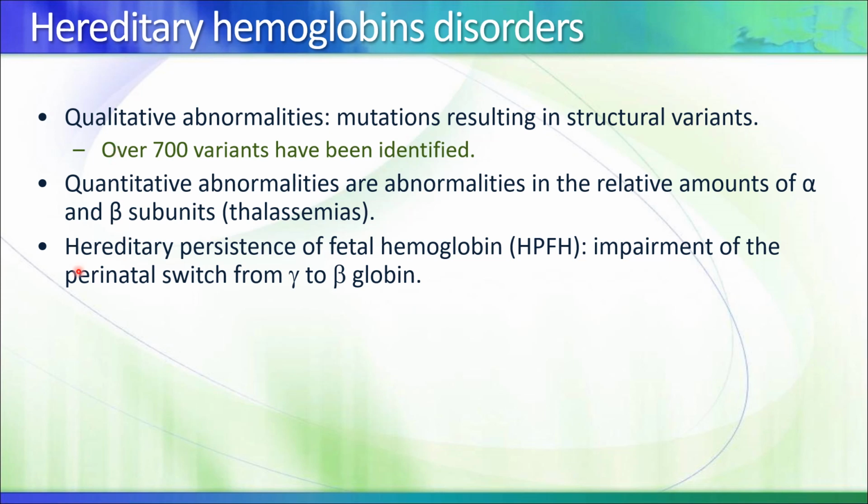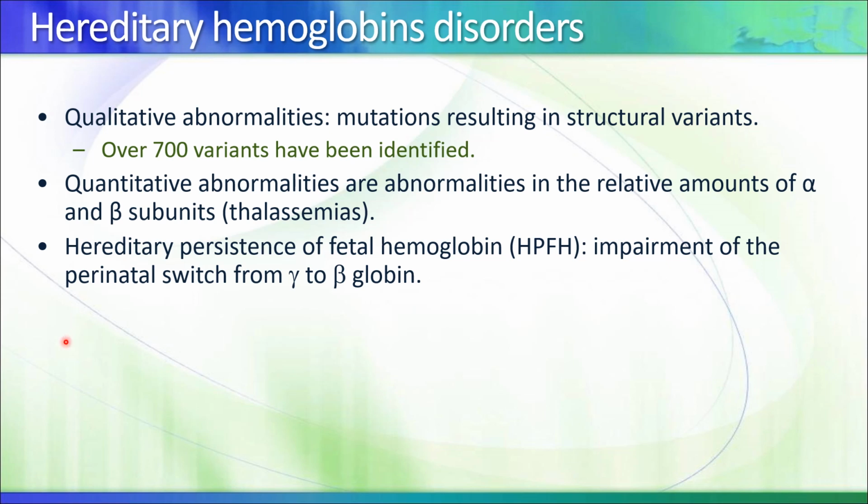Each amino acid has a function in a hemoglobin molecule, and there is a good chance that one of them would be mutated, and as a result that would cause the production of a defective hemoglobin. So we have over 700 variants of hemoglobin molecules because each one of them can be mutated. These are known as qualitative abnormalities or qualitative hemoglobinopathies.